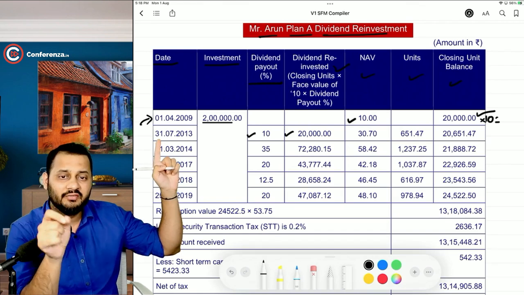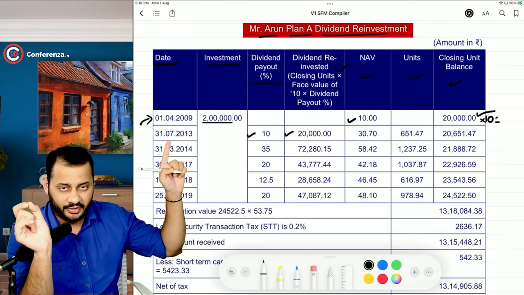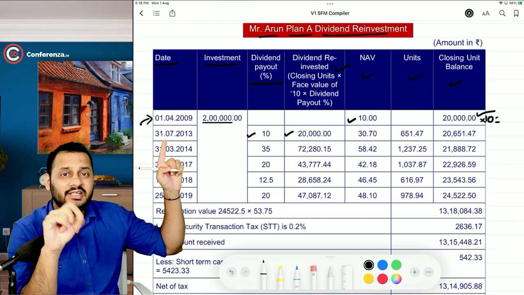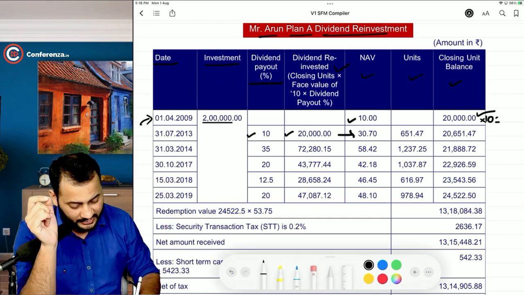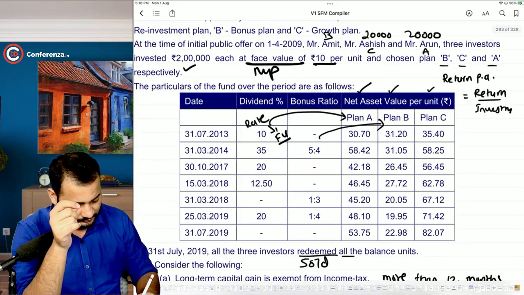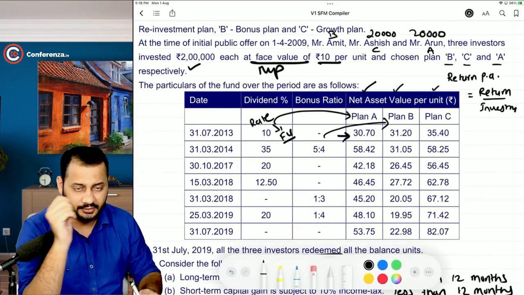And if you are reinvesting 20,000 rupees, this date's NAV will be important, because you will receive additional units based on this date's NAV, which is 30.70. See, this is 30.70. So you reinvested that.